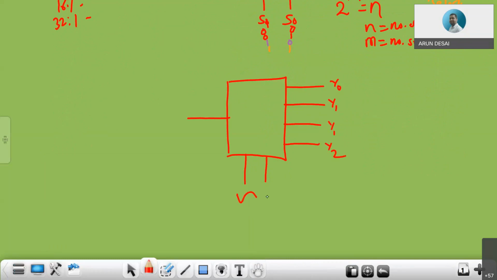And based on the select lines, what to pass on which output line depends on those select lines. So this is the input, those are select lines, and those are output lines. What to send on which output line is decided by the select lines.